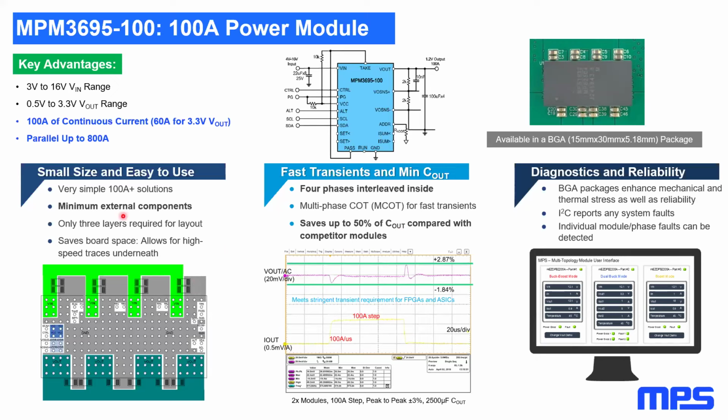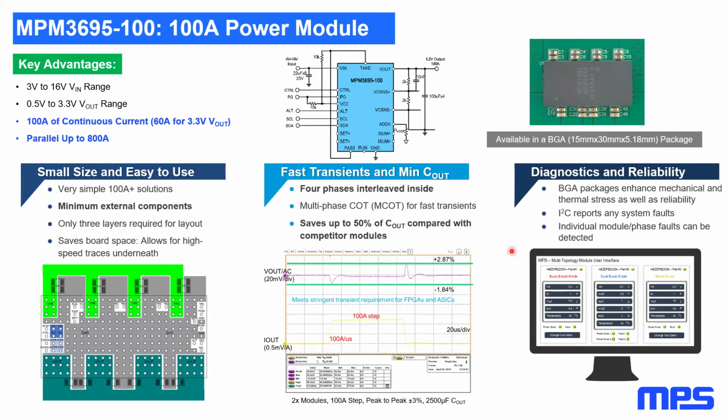The other aspect that I wanted to show is that they also require very few external components, and the layout is also very simple. So we further reduce time in our design cycle. And when doing our prototyping and our designs, many of our modules, especially these high current modules, come with digital programmability.